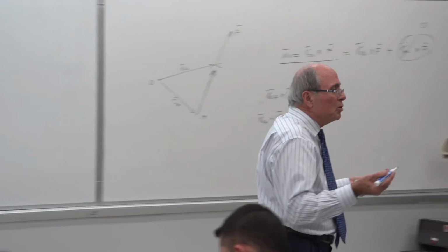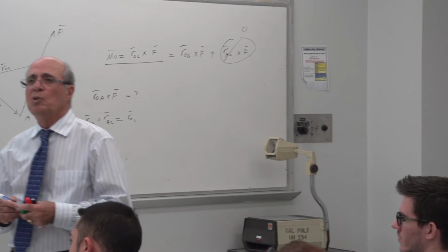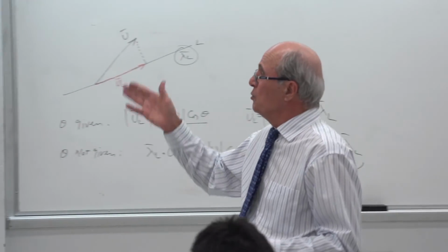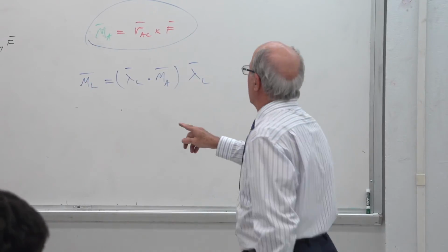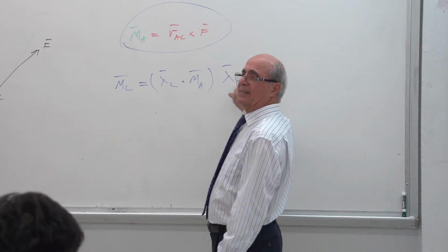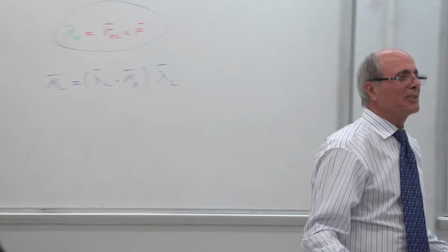In many cases, you need only the magnitude, you don't need to find that. Is that correct? So they ask you how much moment you have. Now, you can use this about line X. So what happened? Lambda L becomes I, and A becomes point O. Is that correct or not?